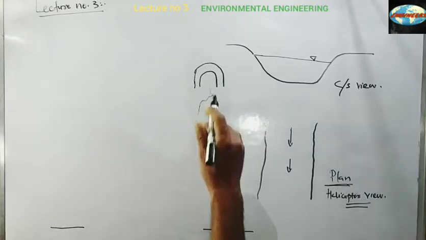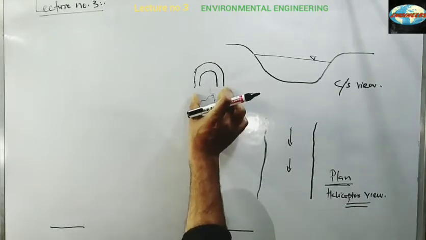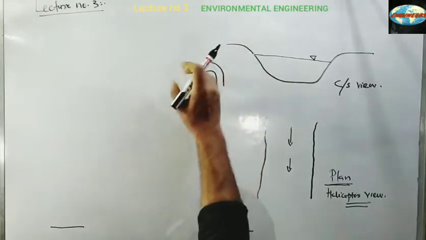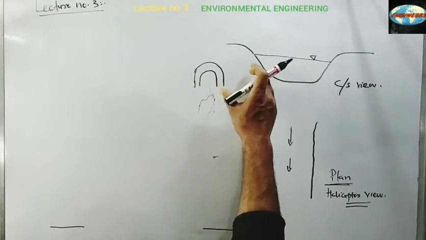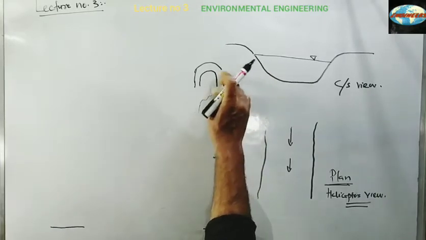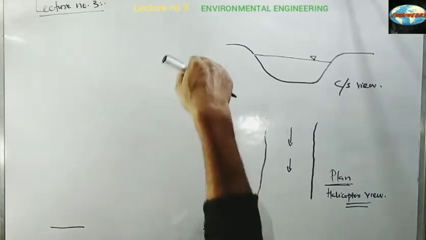Infiltration galleries are perforated pipes or conduits, which may be open jointed as well, which will allow the water to enter if there is any seepage occurring nearby. This seeping water will enter this horizontal tunnel, and this tunnel will have some longitudinal gradient.